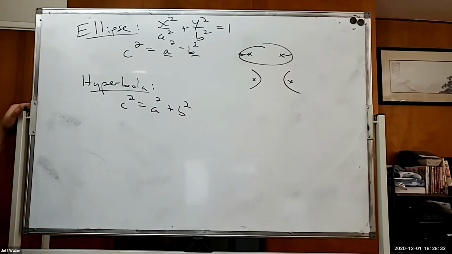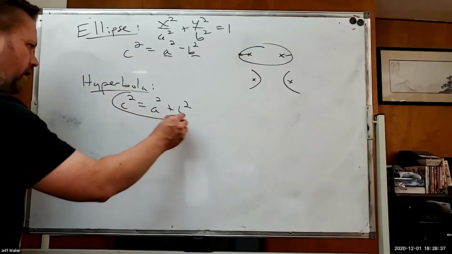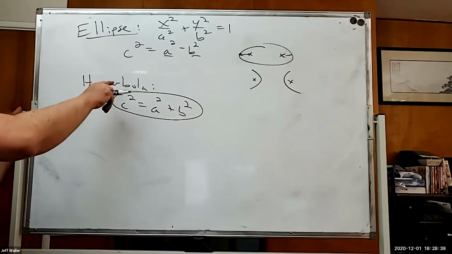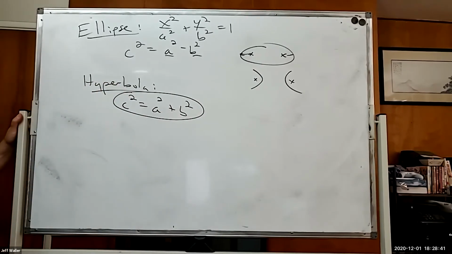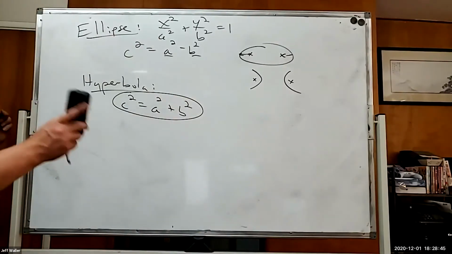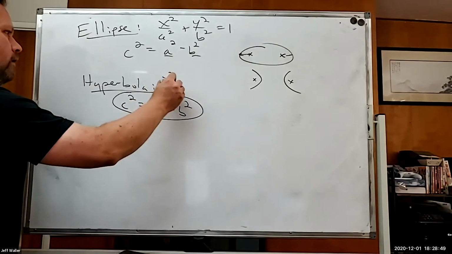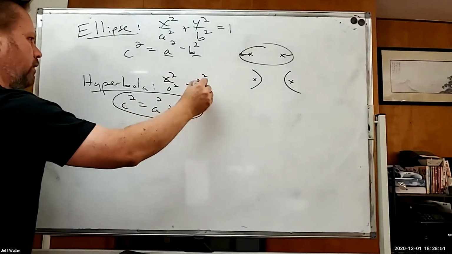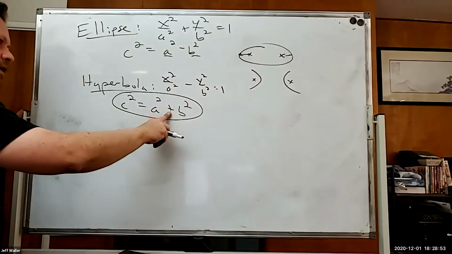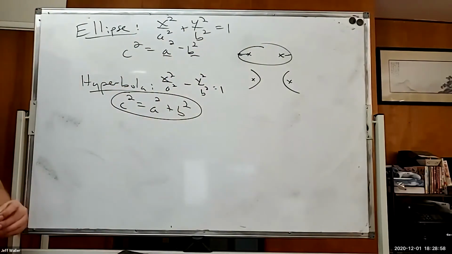So that's how to find the foci for a hyperbola. And I remember this because the hyperbola has a minus in the equation already, so this better have a plus. The ellipse has a plus in the equation, so this better have a minus. That's one way to try to remember that.